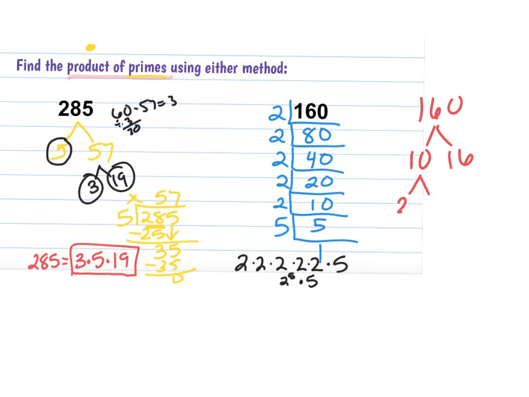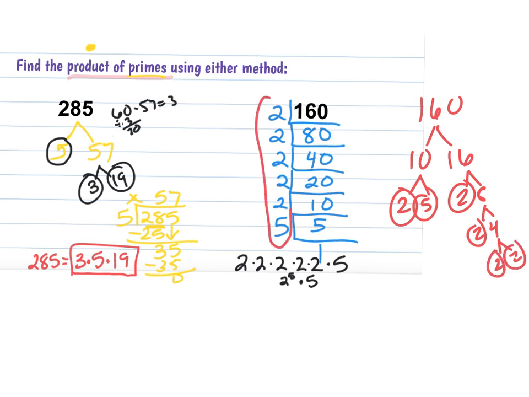And I could have just as easily done a factor tree and listed my primes the same way. But notice this one just maybe gets a little disorganized, whereas when I do the division by primes, they're in order for me already. So again, pick a preference that works best for you, but this would be listing out as my product of primes.